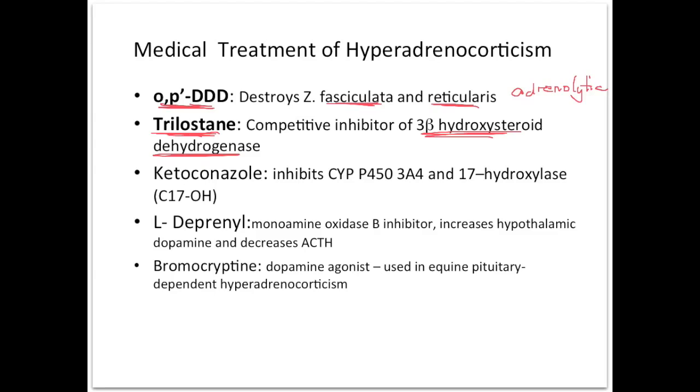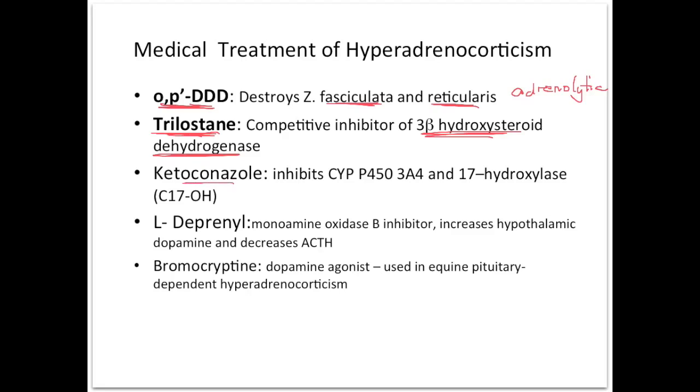This drug has come into favor recently for use in dogs and cats because of the relative safety factor and also because of the comfort with regards to the types of monitoring that one needs to do. It's a reversible drug, but at the same time it has to be given sometimes multiple times a day.